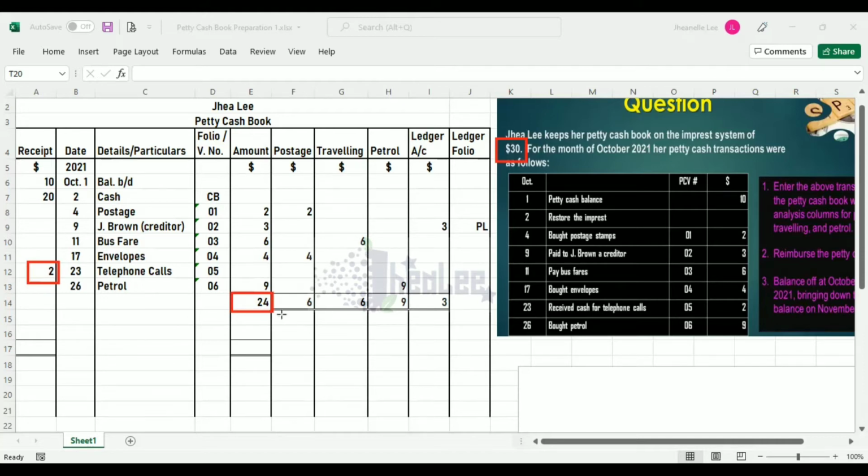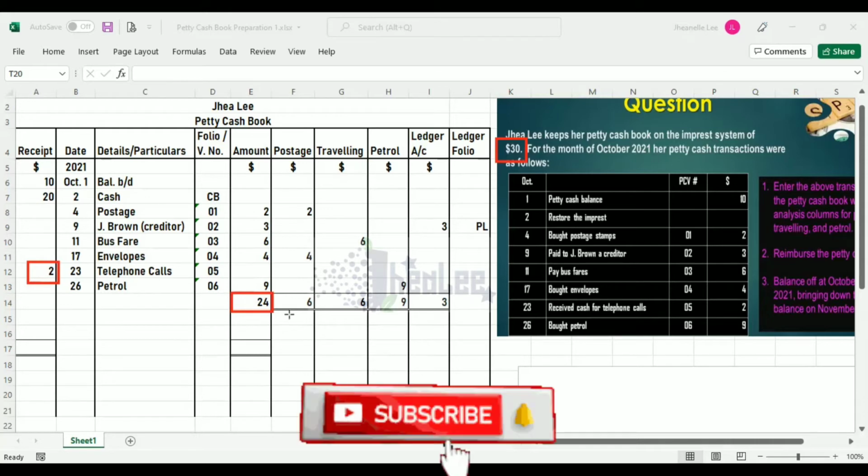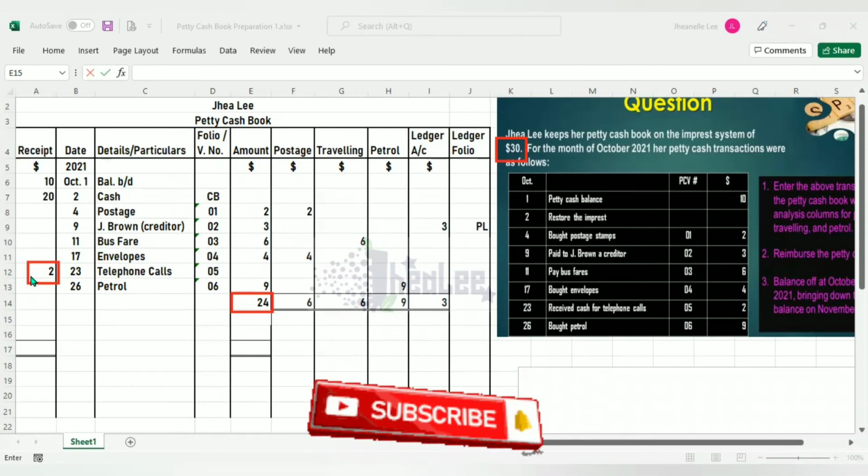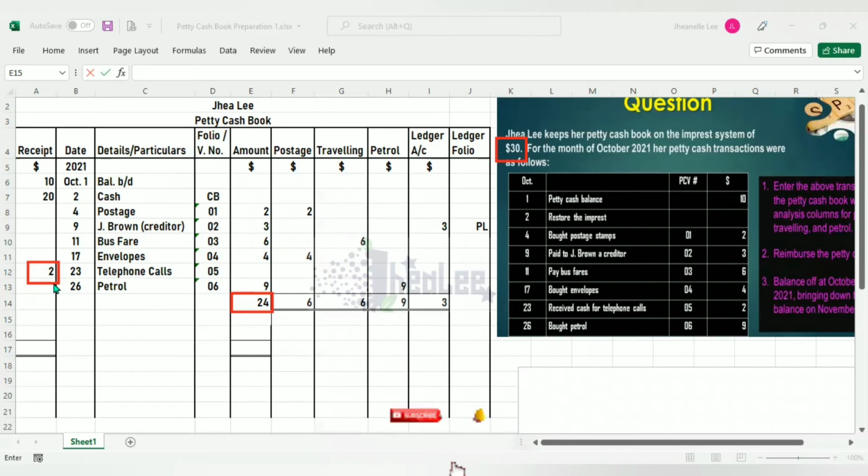But because the $2 was already received, it means that you are going to reimburse less. Because the 24 was spent and the petty cashier had received $2 already, you're going to reimburse only $22. So only $22 is needed now to restore the float.